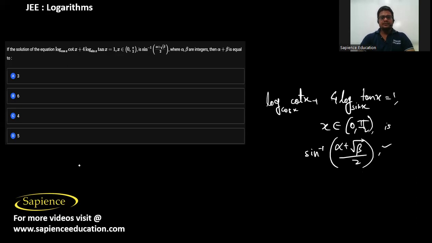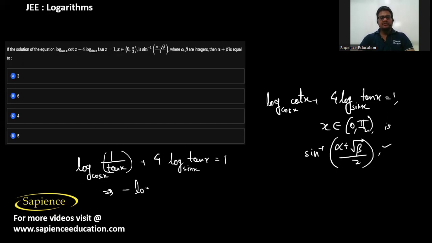So here we can write this as log of 1 by tan x base cos x, plus 4 log tan x base sin x, that is equal to 1. So this you can write as minus log tan x base cos x plus 4 log tan x base sin x, that is equal to 1.